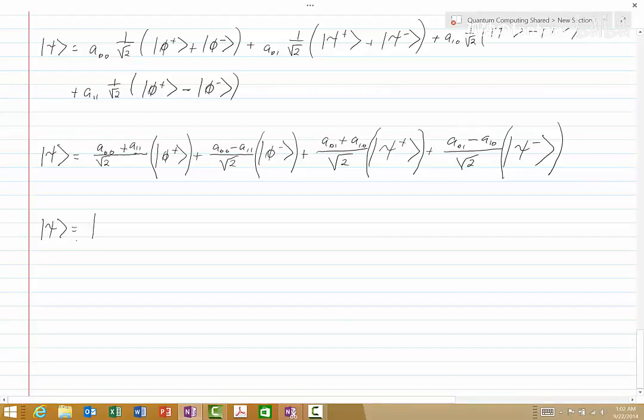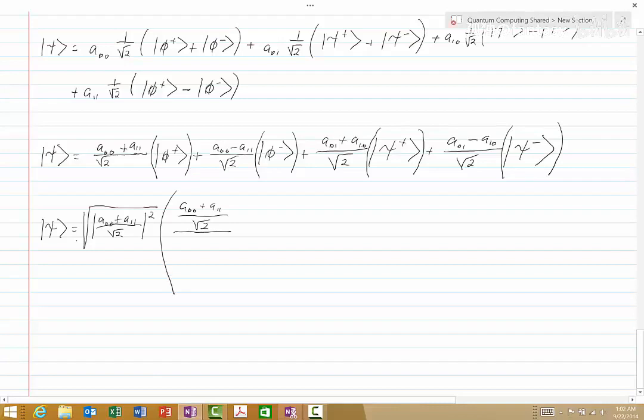We should say magnitude of A00 plus A11 over the square root of 2, we should have the square root of that squared, times phi plus over A00 plus A11 over square root of 2.